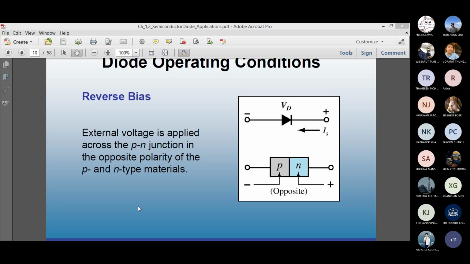For the N-type material, which are the majority carriers? Do you know the answer? I'm not sure. The majority carriers in the N-type material will be electrons. So what are the minority in the N-type? Holes.